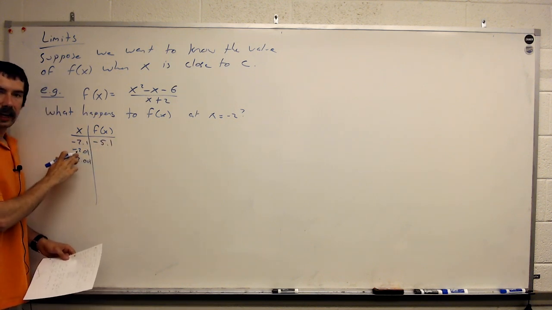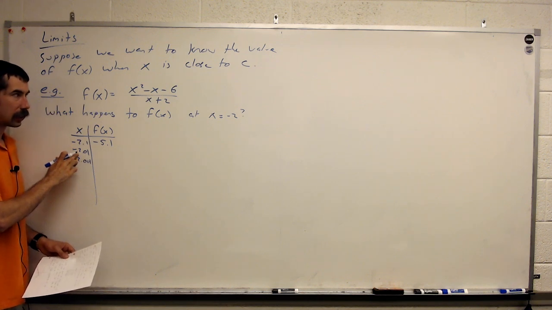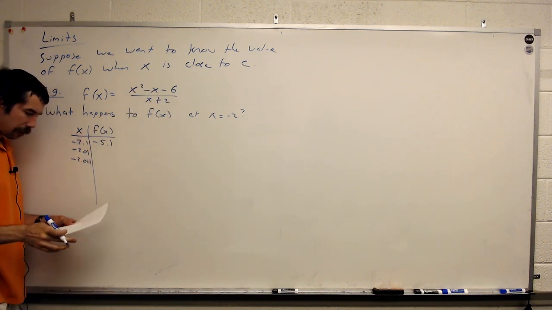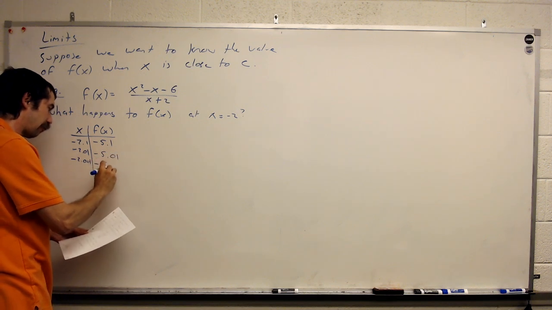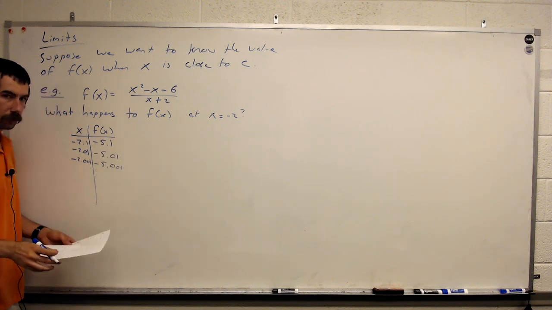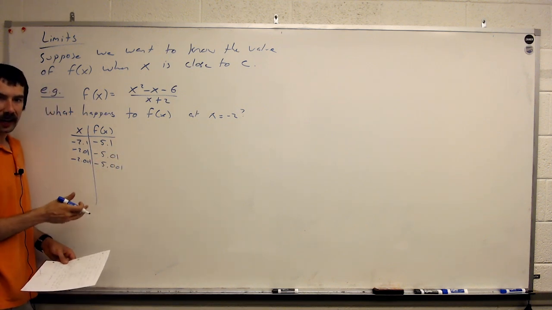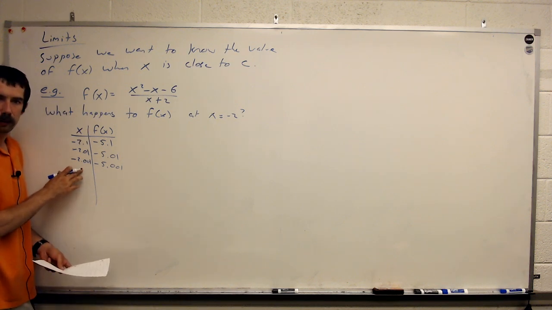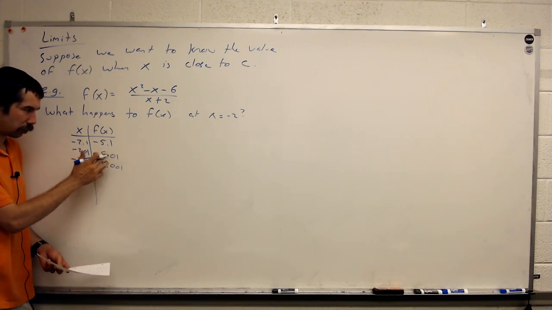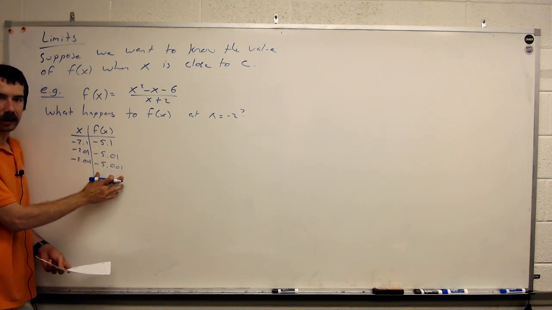Plugging in negative 2.01, we get negative 5.01. And here we get negative 5.001. So it seems like when we sub in values of x that are close to negative 2, but a little bit smaller than negative 2, our function is getting close to negative 5.